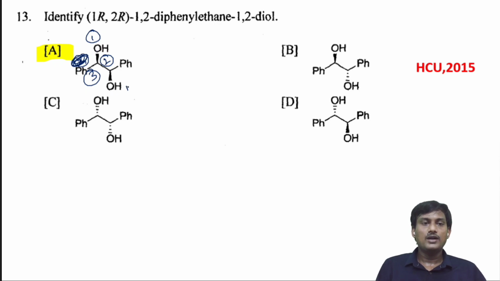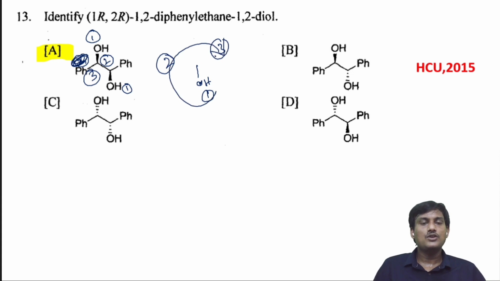And here, OH is 1, this one is 2, and this one is 3. When you connect again, you will get clockwise, and H is away from the viewer. This is the H, so you will get R. 1R, 2R is in this molecule.